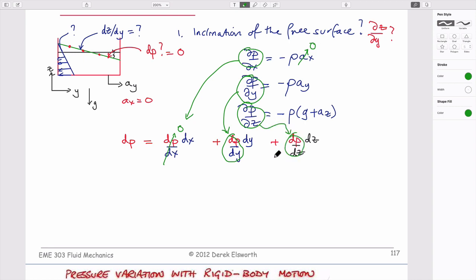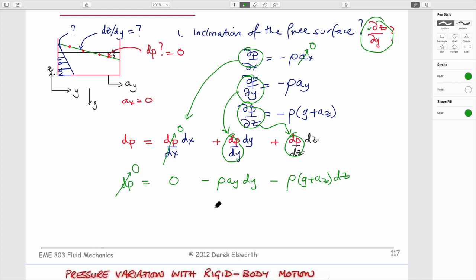And so if we gather terms and we write it out, then this is 0 minus rho acceleration in the y direction dy, minus rho acceleration due to gravity plus acceleration in the z direction times dz. And so we said we wanted to get this. We have both of these terms here, so we can gather terms. We know that the pressure change along this boundary is 0.